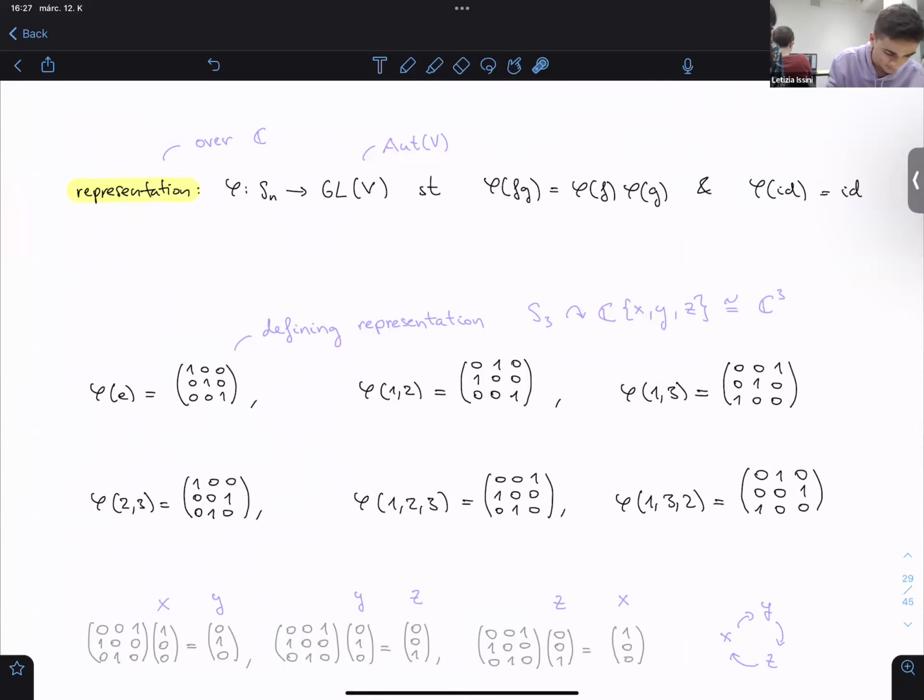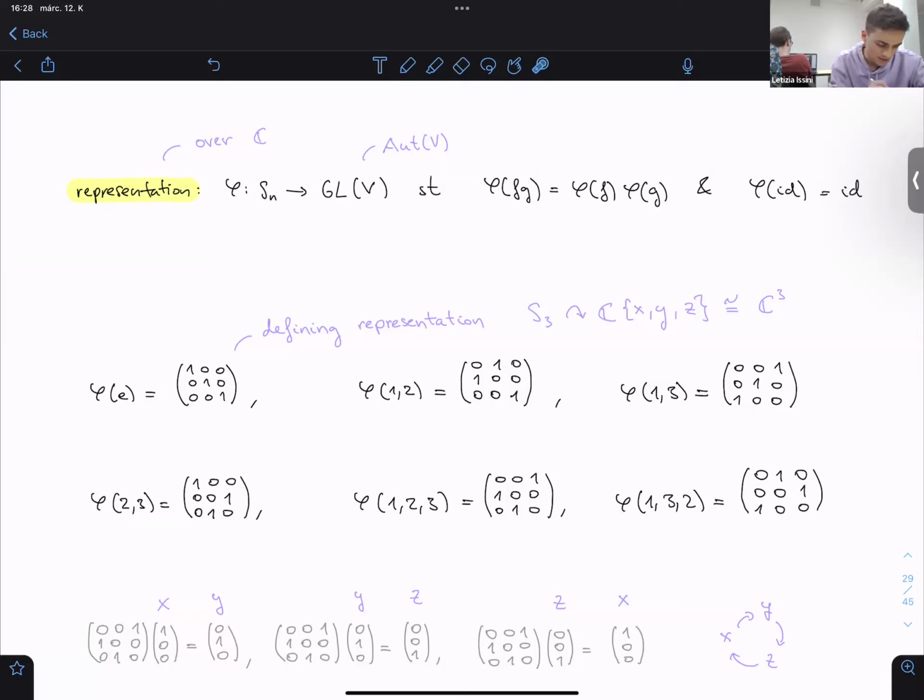So a representation of Sn is just a group homomorphism from Sn to the automorphism group of a fixed vector space. And for example, S3 acts on a 3-dimensional vector space with fixed bases x, y, z. And by definition, basically permuting these basis elements.